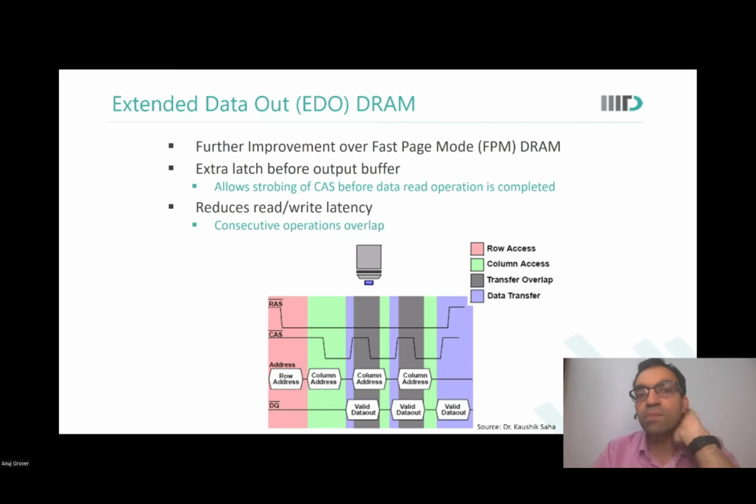Now, further improvement of fast page mode. How do you do that? While my old data is still valid, I have sent the new column address, and since I had sent the column address earlier itself, my next access will happen faster.